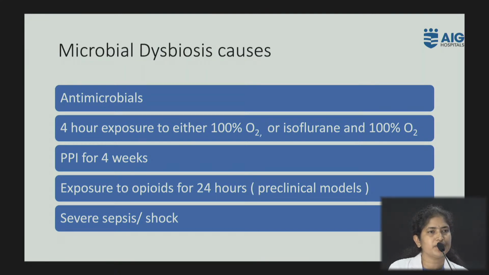And the proton pump inhibitors, if the patients are getting exposed continuously for 4 weeks, then that is increasing the taxa of Enterococcus and also Streptococcus. And exposure to opioids for 24 hours is still in the preclinical models, but it has been shown to be increasing infections with Enterococcus faecalis, and also increasing the virulence of Pseudomonas aeruginosa.